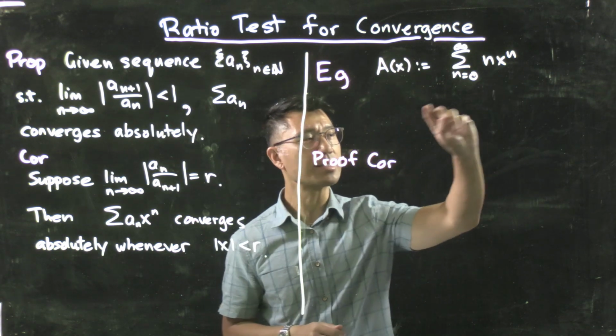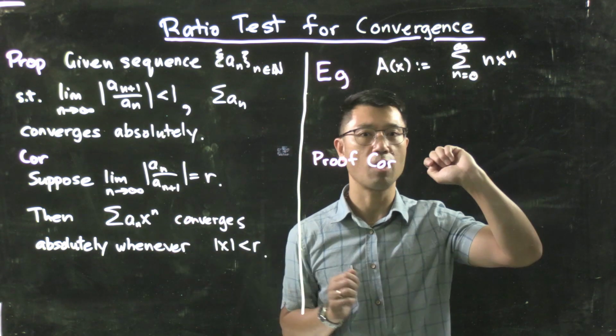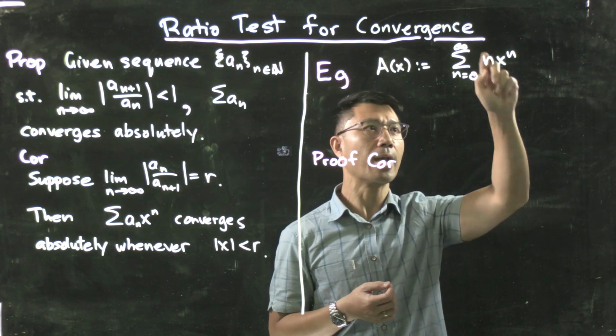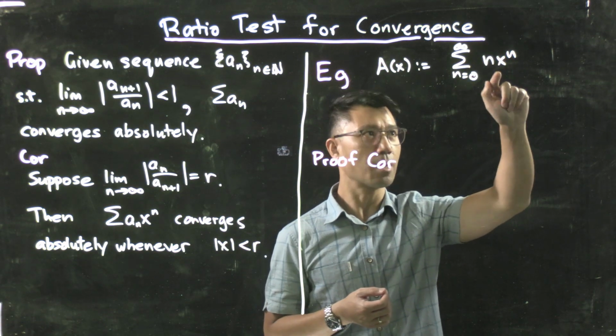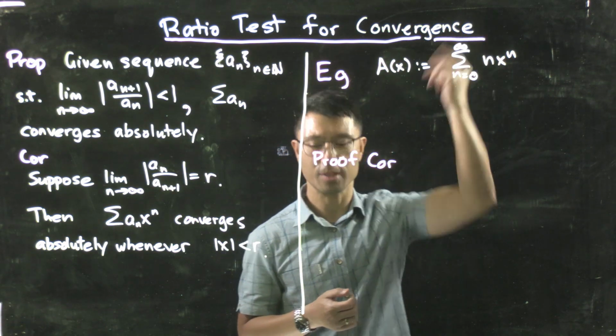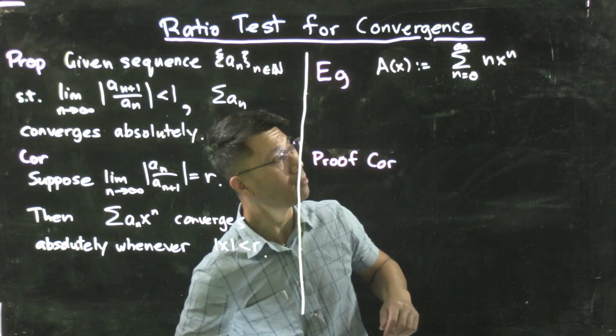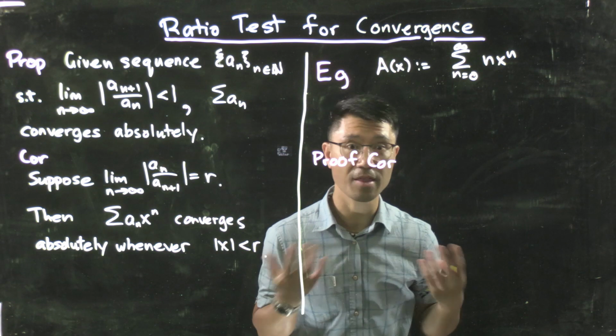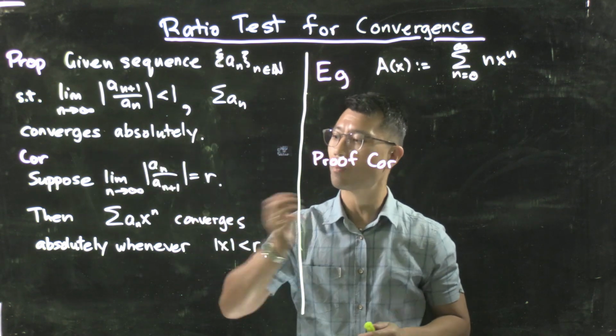Suppose now that instead of using 1 as all the coefficients, we change them to something bigger, and we sum n times x^n, as n goes from 0 to infinity. Does this converge absolutely for values of x other than 0? We can try to apply this corollary.